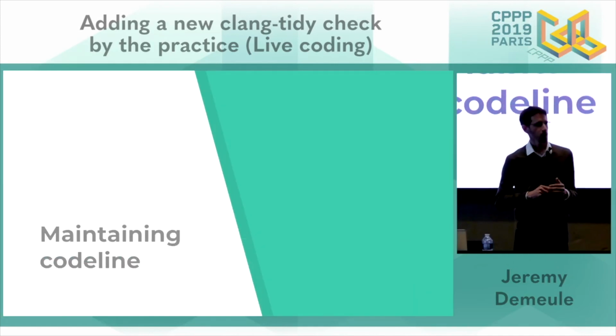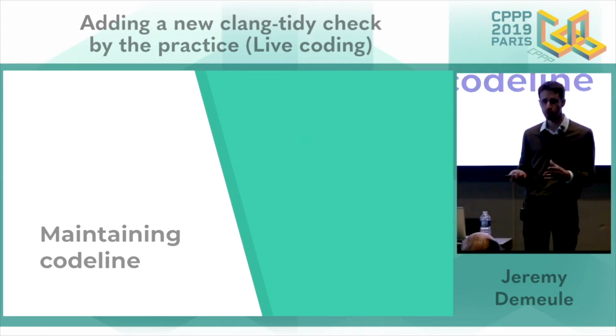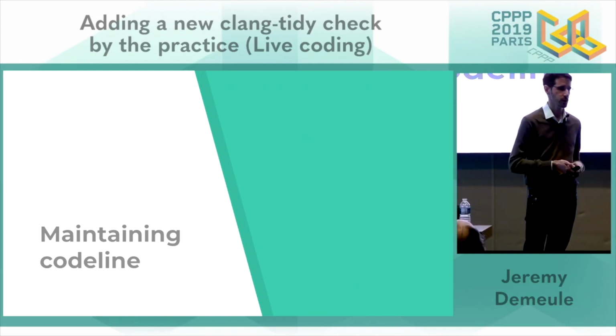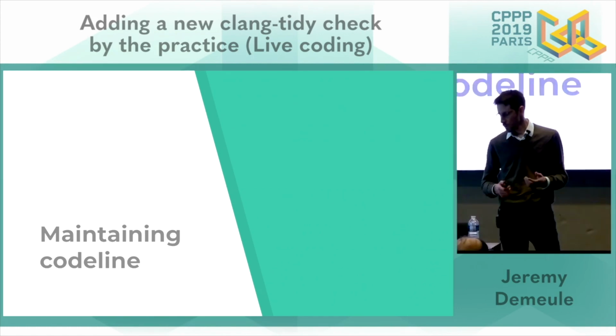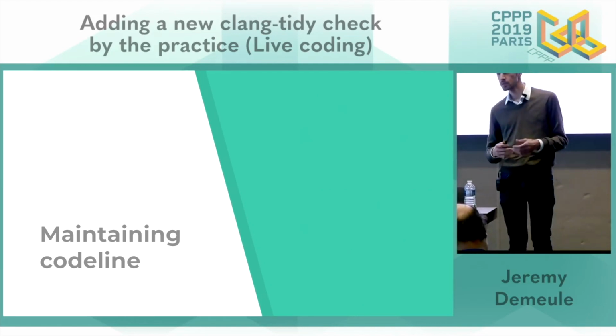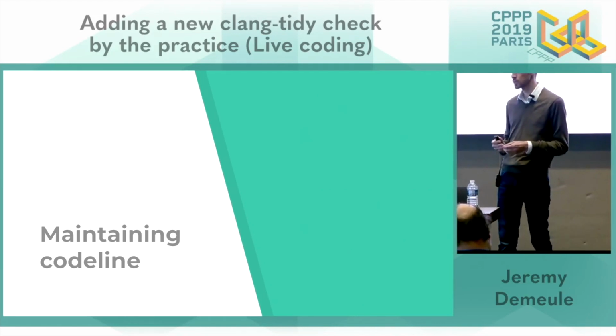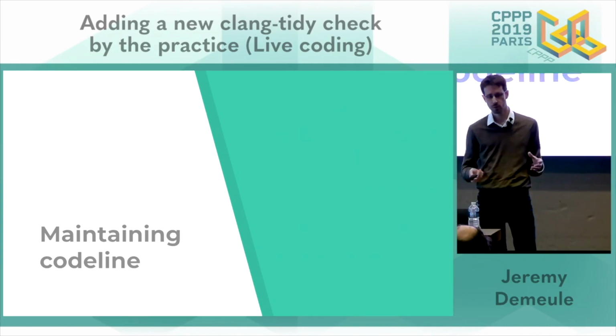As C++ developers, we face a lot of changes, with new features, new practices, and deprecated APIs. For that, we have to maintain our code, and depending on the size of the code line, this can be time-consuming, painful, or impossible.